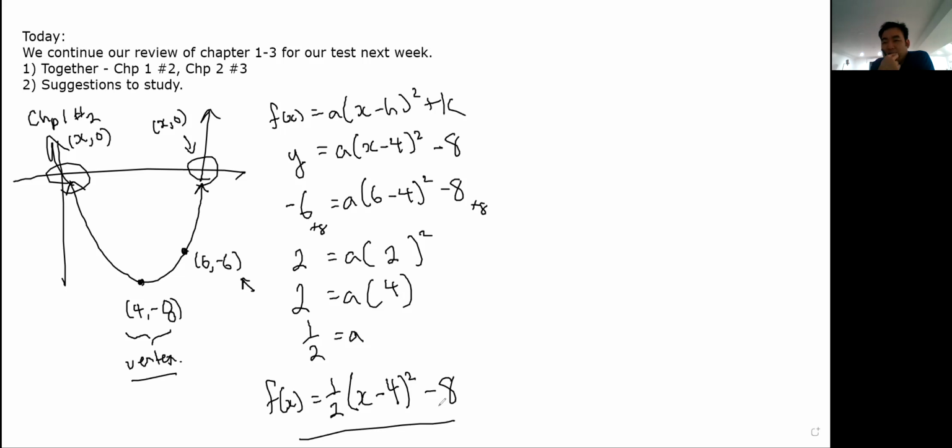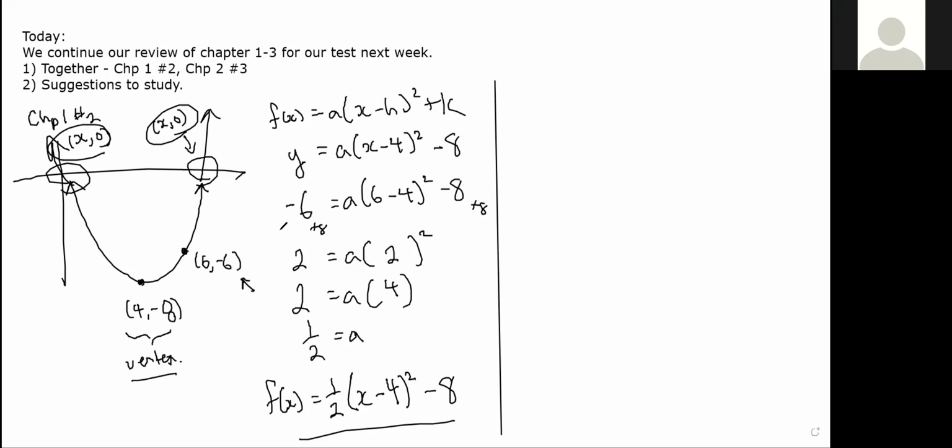What do you suggest? Anyone? Could you repeat it? The question is, what would you do to find the x-intercepts? You have the vertex form, and what you're looking for are the x-zeros. So you make y equals 0.